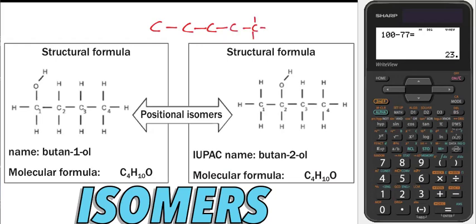I can put the OH here, or if I want, I can move it over there. I'm changing the position of the OH. I can put it anywhere I please. I'm repositioning. That's positional isomers.